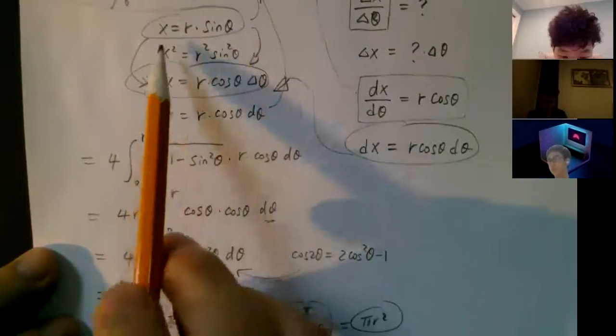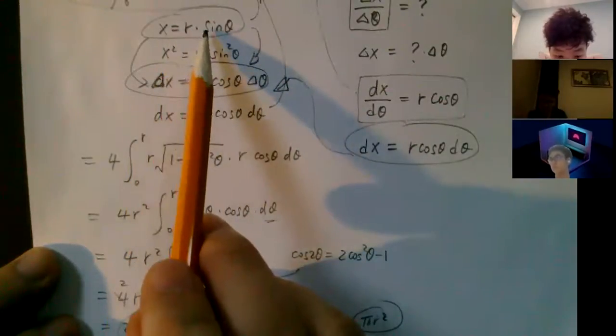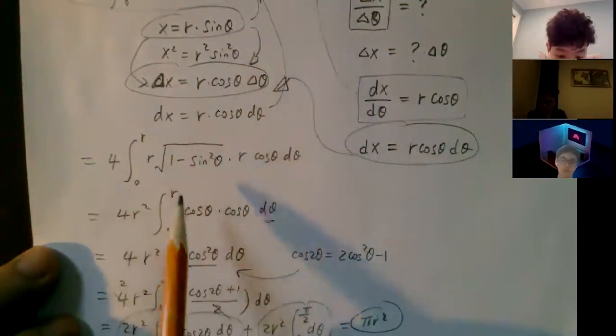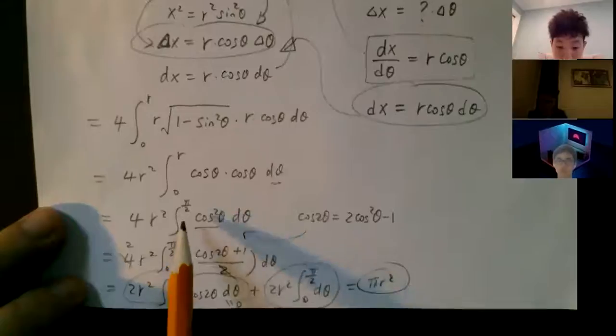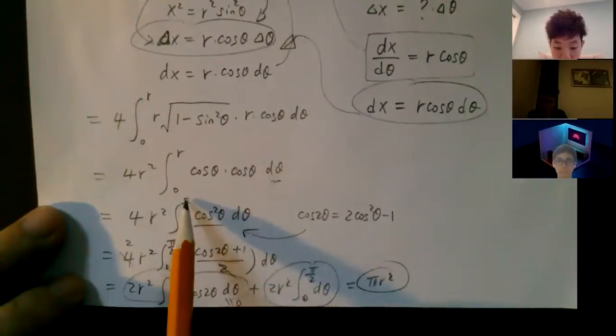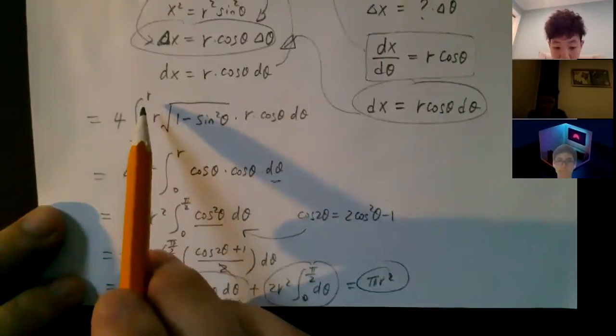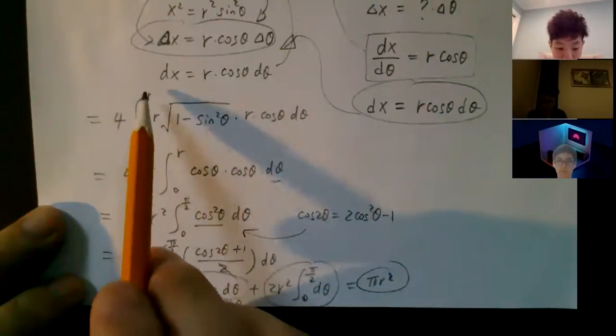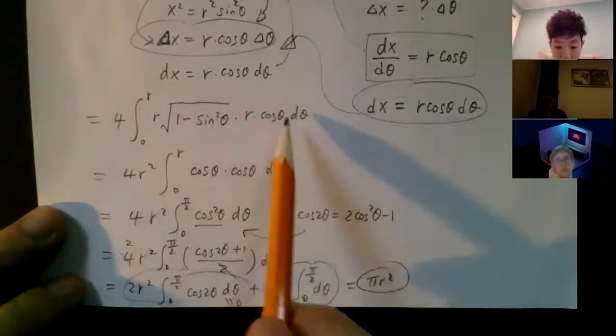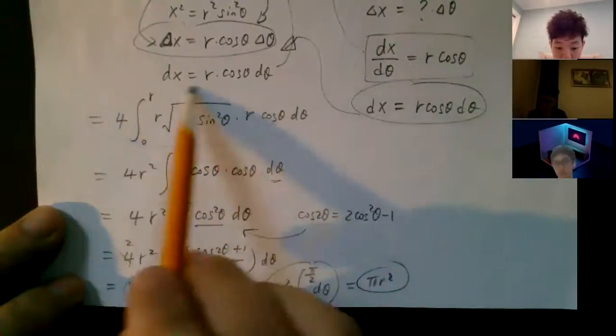When x equals r, sine theta equals 1, which means theta equals 90 degrees, pi over 2. So I translate this part to 0 to pi over 2, exactly like x equals 0 to r. So I completed the whole conversion.